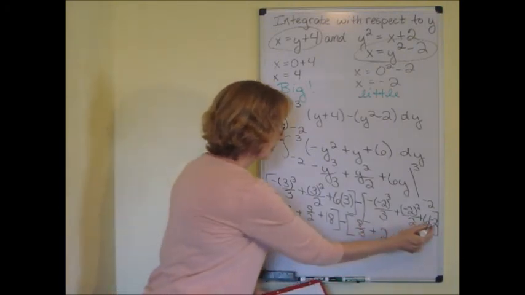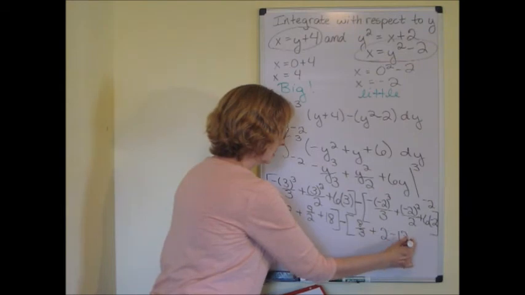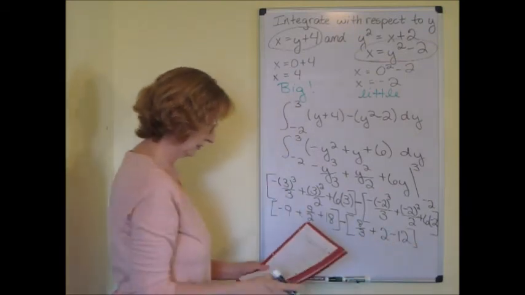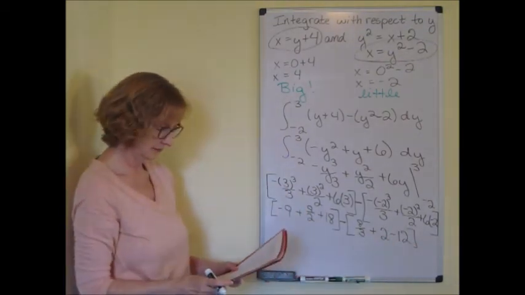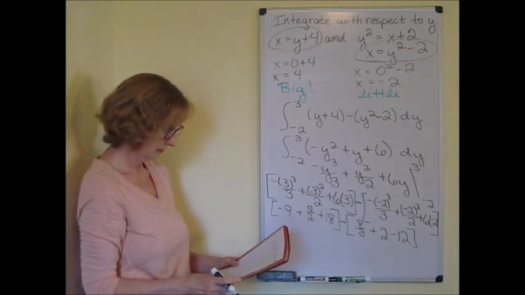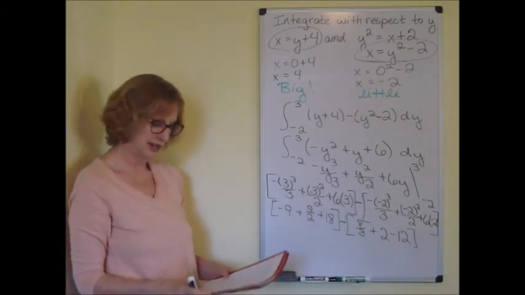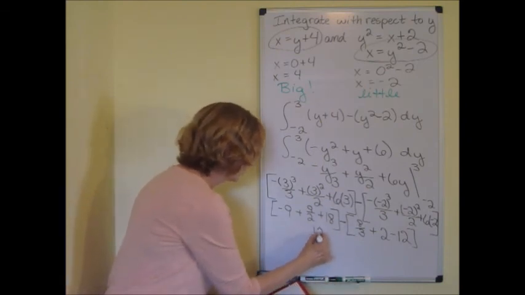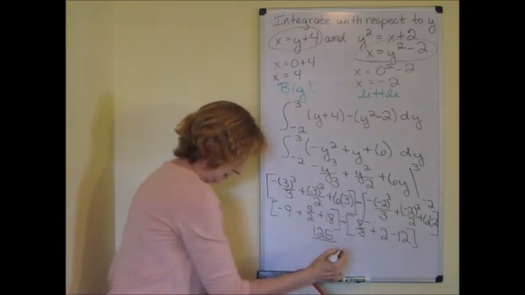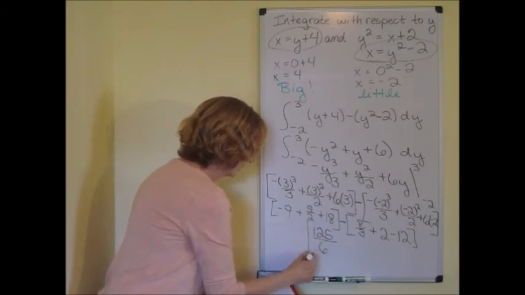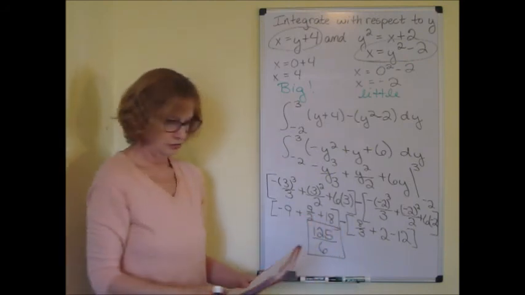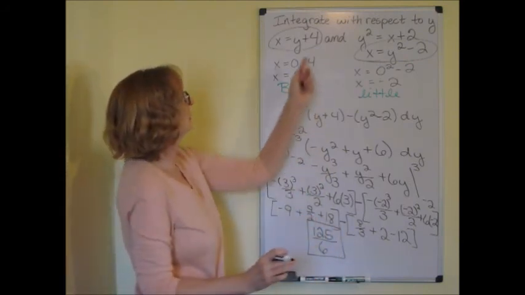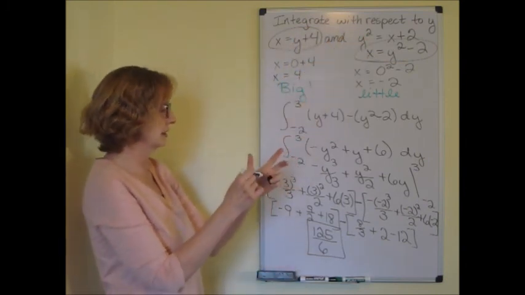And then 6 times negative 2 is going to be a minus 12. Let's make sure we've got all of that right. And then pop it into your calculators. I'm going to get 125 over 6.